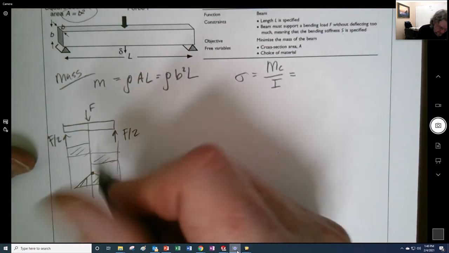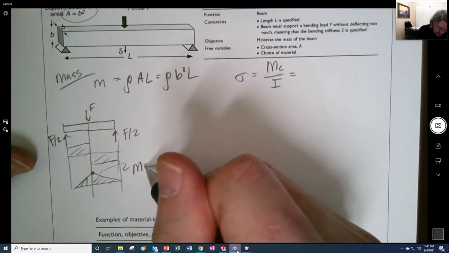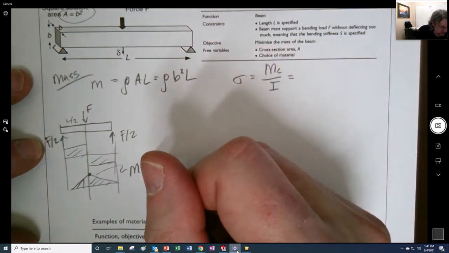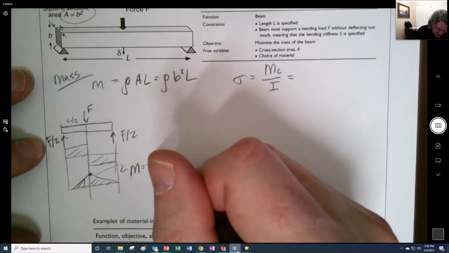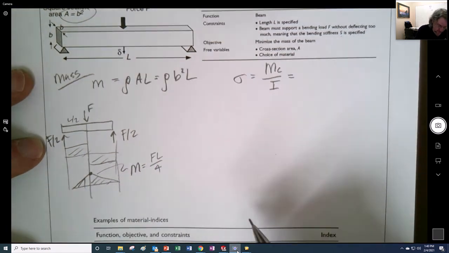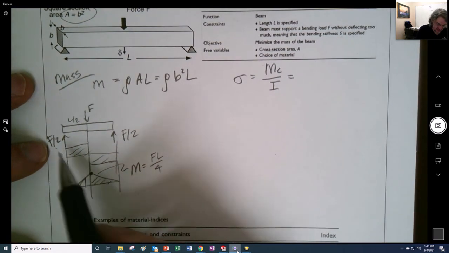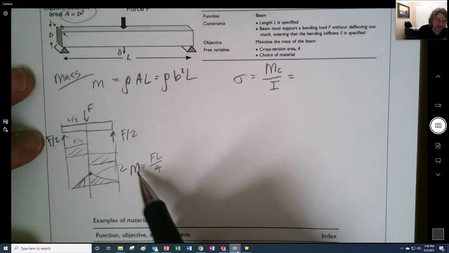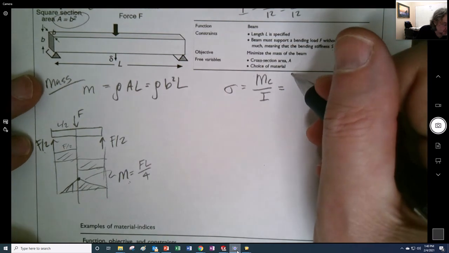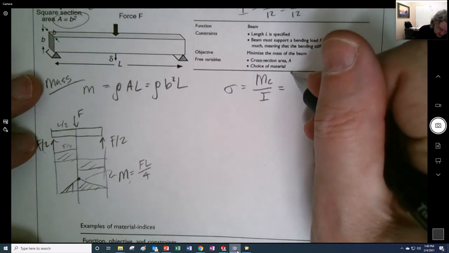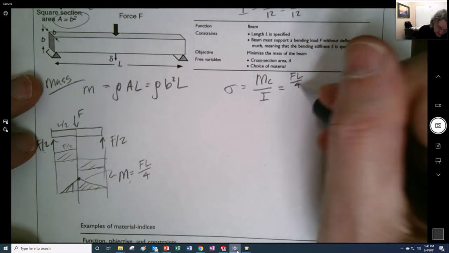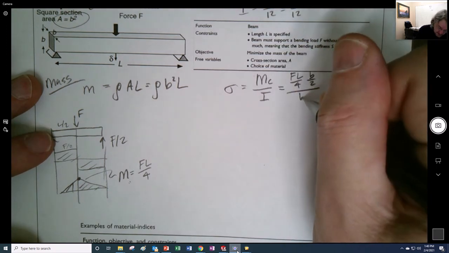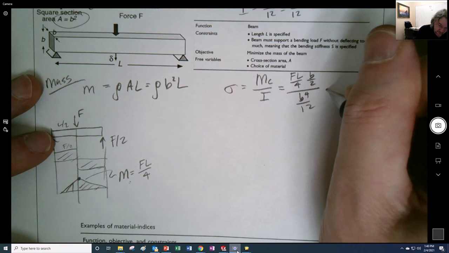We would get that maximum moment right there, which, because this is L over 2, is actually FL over 4. So it's F over 2 right here, F over 2 times L over 2, so that's the maximum moment. So we would put this in here and go FL over 4, B over 2, and then B to the fourth over 12.